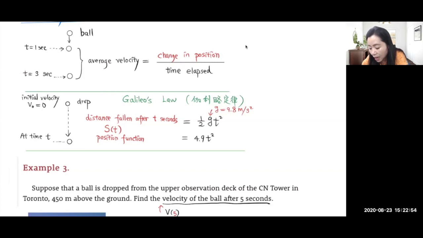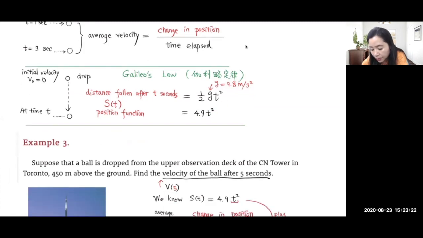So half of 9.8 is 4.9, and that is equal to 4.9 t squared. So if you drop a ball at rest, when the initial velocity equals 0, then the distance fallen will be 4.9 t squared, when you use the international units, meters and seconds.